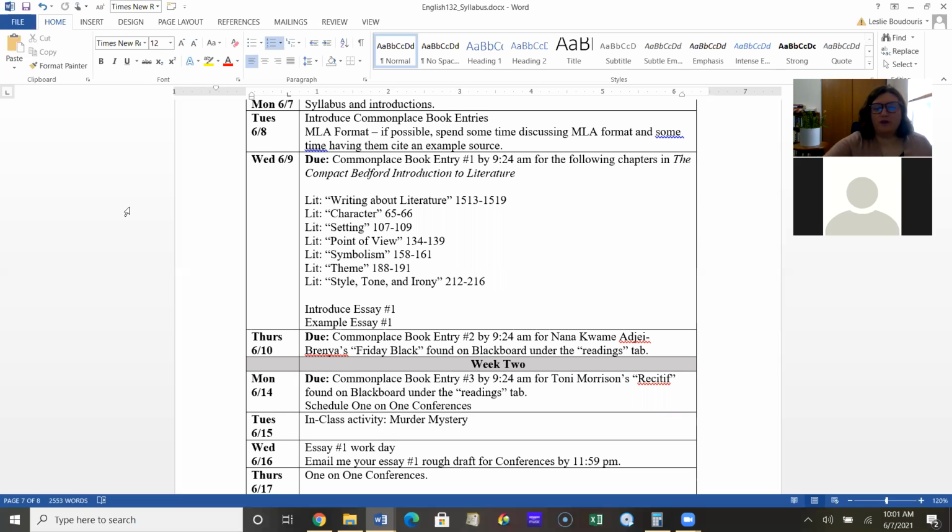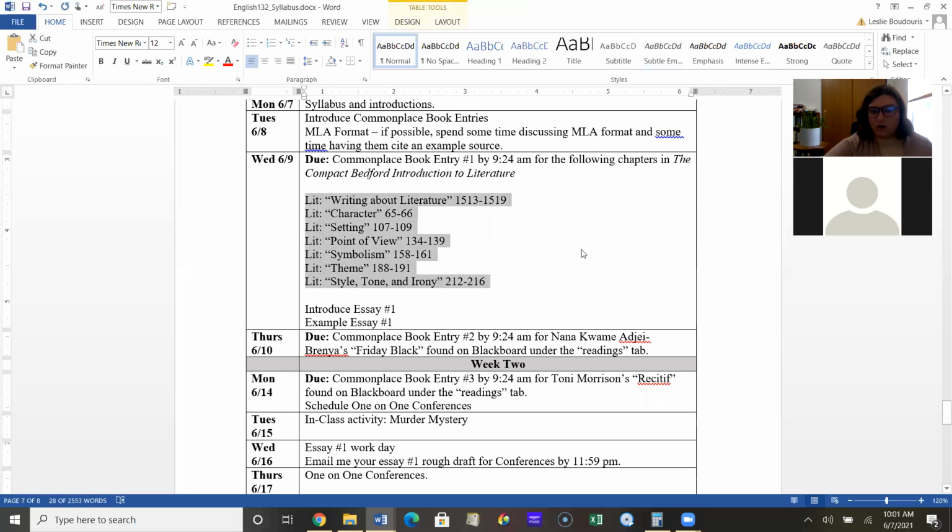But the second one will be for the Compact Bedford Introduction to Literature, which is why it's really important to get that book soon, if you haven't already. And so we have lots of different pages. They're all really short, but essay number 1 is going to be about short fiction. So the first reading from that is going to be an introduction to all of the specific aspects of fiction and literature that you need to know to write your first paper.